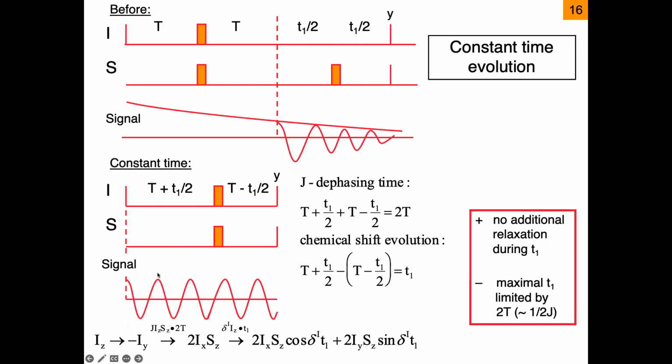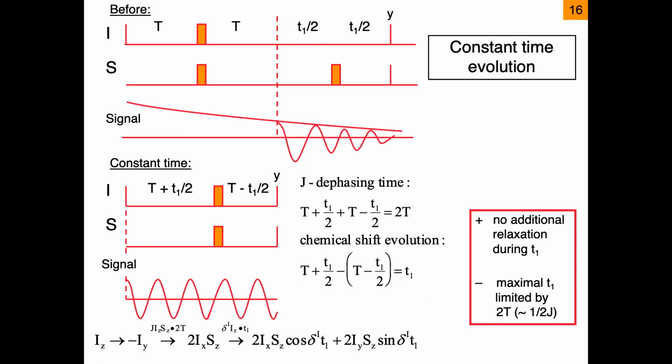And so your FID looks like this. It's a non-decaying cosine modulated signal if you have the two pulses here in the right phase, or sine modulated, depending. And so the advantage is no additional relaxation. The disadvantage is that your 2 times capital T is 1/2J, so 33 milliseconds, we said.